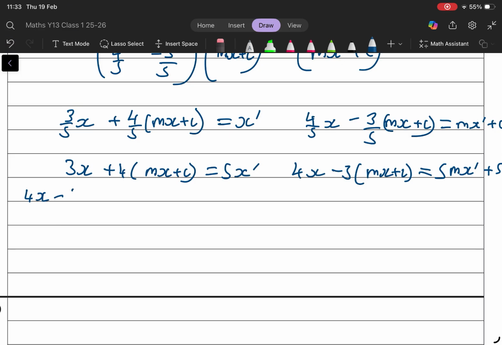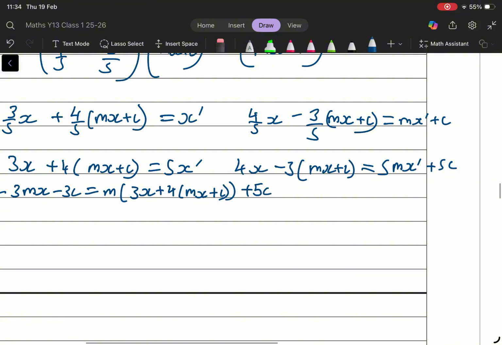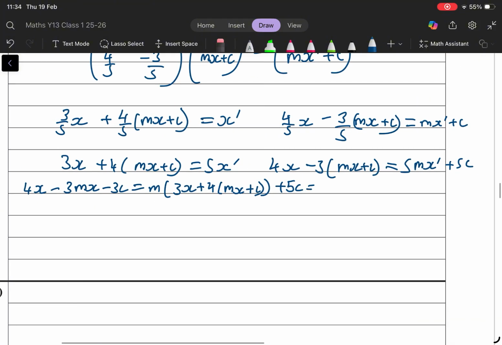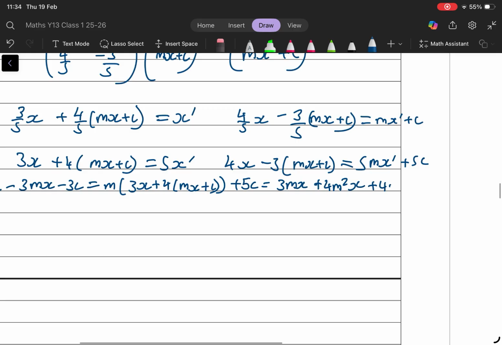4x minus 3mx minus 3c equals m times (3x plus 4mx plus c) plus 5c. So that's going to be equal to 3mx plus 4m squared x plus 4mc.